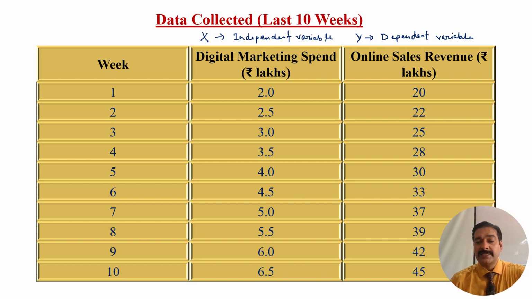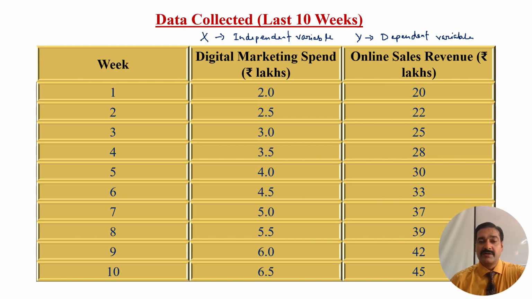I will call it the independent variable because the values of digital marketing spends are independent. Further, I have denoted online sales revenue, which is again in rupees lakhs, by variable Y, which we will call the dependent variable because sales would depend on the digital marketing spend. So we have to check that actually.